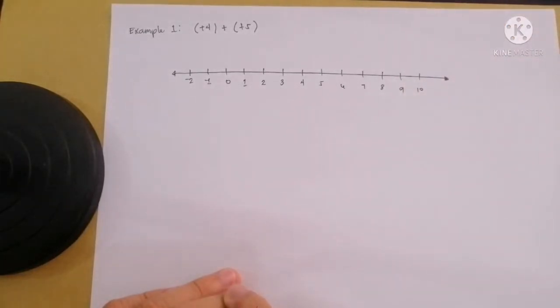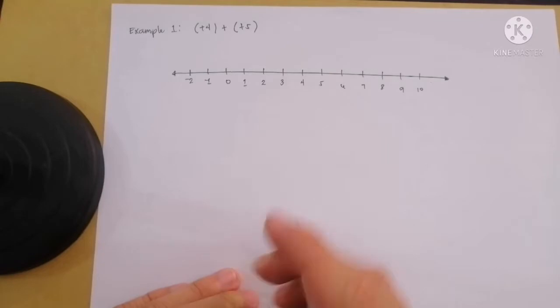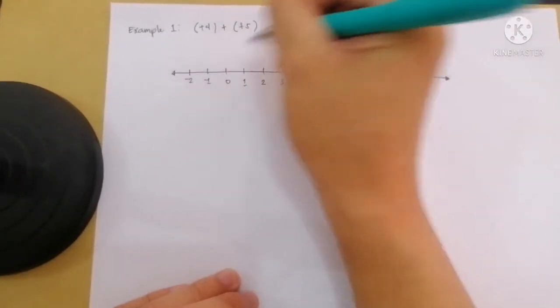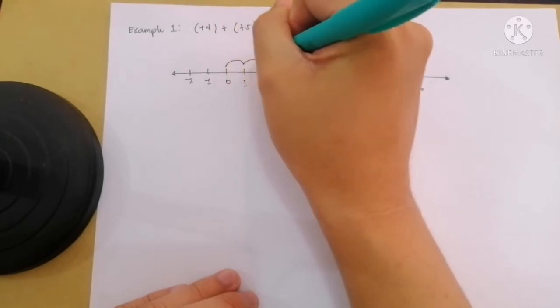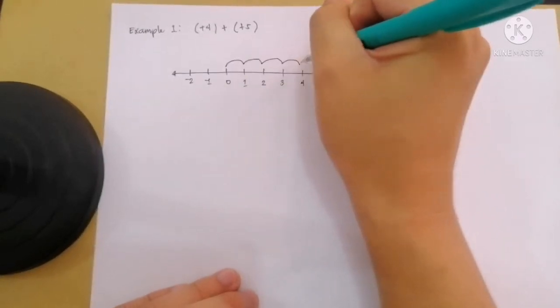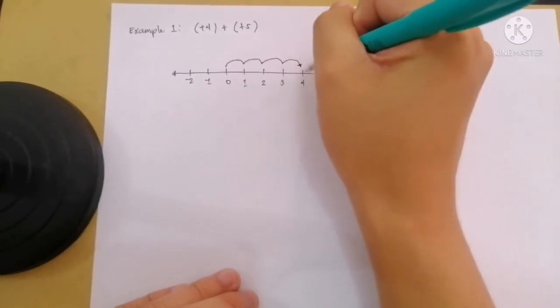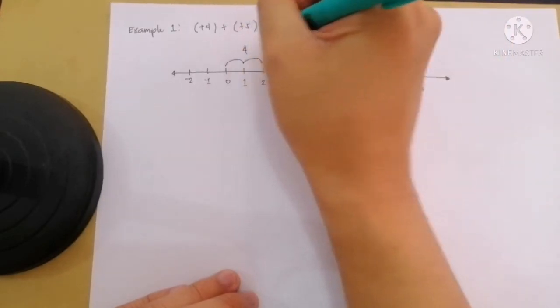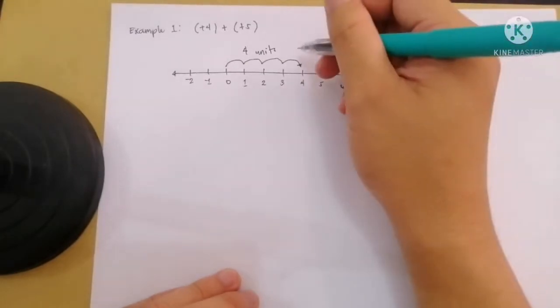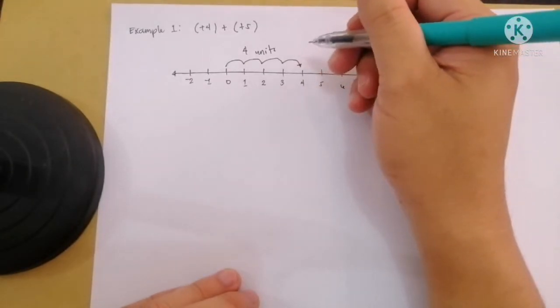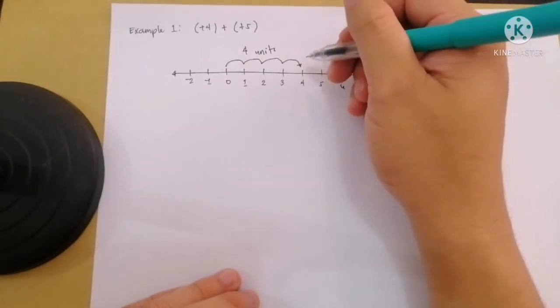Now according to the given, we are going to add positive 4 and positive 5. If we locate positive 4 on the number line from 0, that means we are going to move 4 units. So we have 1, 2, 3, 4. So we landed at positive 4, and that is 4 units. After 4 units, we are now going to add 5 units from positive 4.